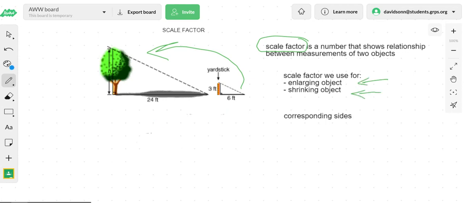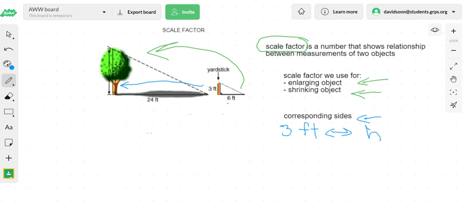Let's talk about corresponding sides. We are comparing two objects. The yardstick corresponds to the height of the tree. So I can say 3 feet corresponds with h, the height of the tree.